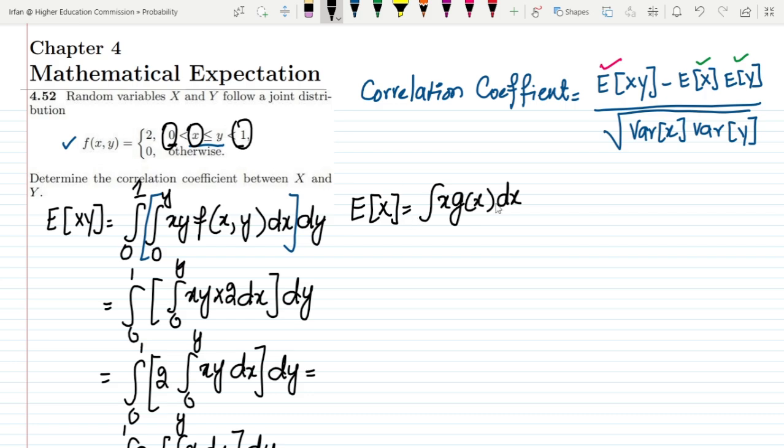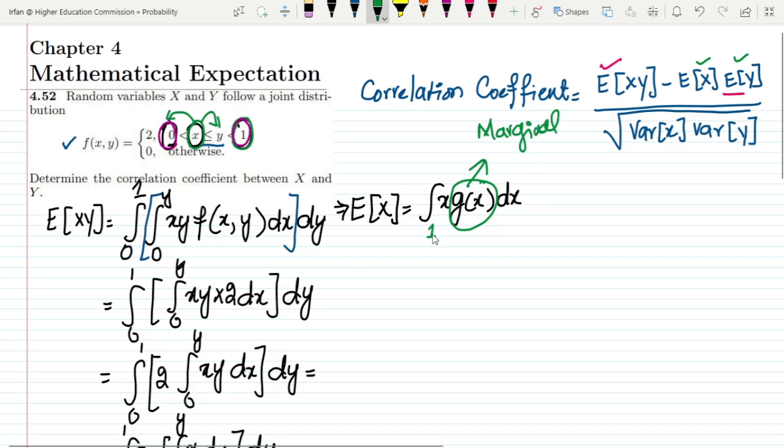But here you have to keep in mind that this g of x is basically the marginal distribution, which we don't know. So in order to find the value of g of x, what do we have to do? Let me write it here.